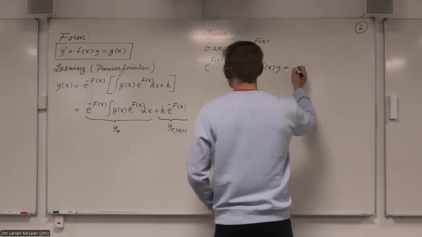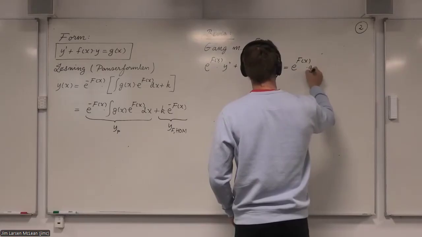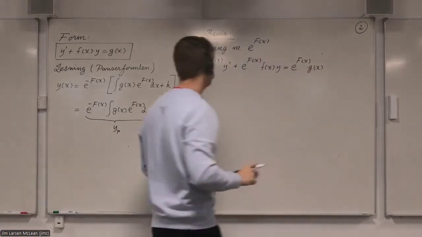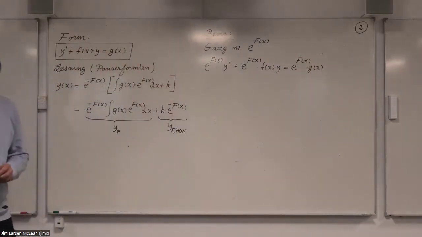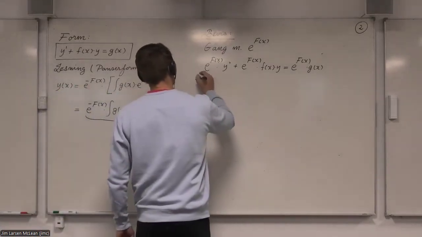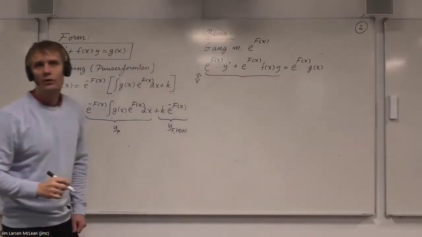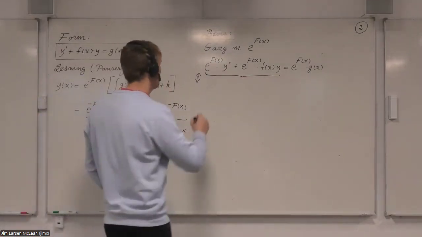And on the right side, I also need to multiply by e to the antiderivative of f, so I get e to the antiderivative of f times g. That was the first step. Then we discovered, while doing this proof, that everything written here can be written much more elegantly. It can be written like this.